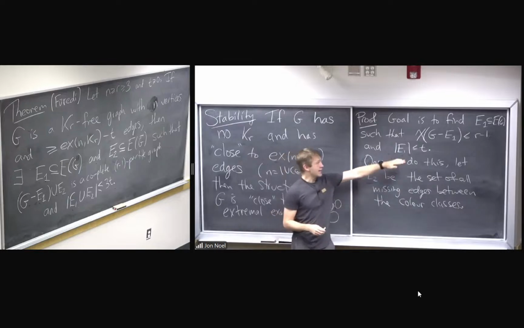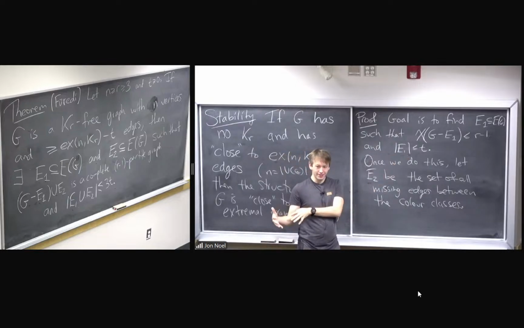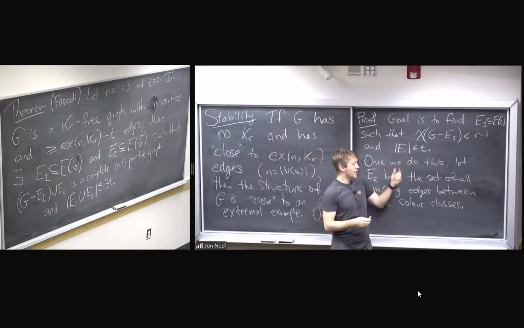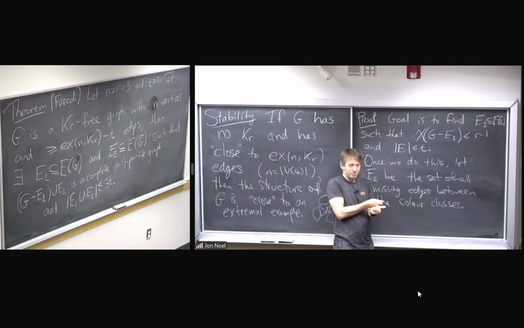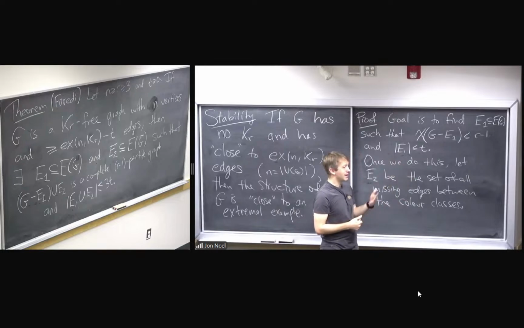If this E1 exists, then I delete an additional t edges. Now let's say I add the edges between the parts. After deleting E1, I've got extremal number minus 2t edges. Fill in the edges between the parts, and suppose that added more than 2t edges. I'd be above the extremal number, but it's r minus 1 partite. You can't have that, because then it would have no Kr and it would have more than the extremal number of edges.